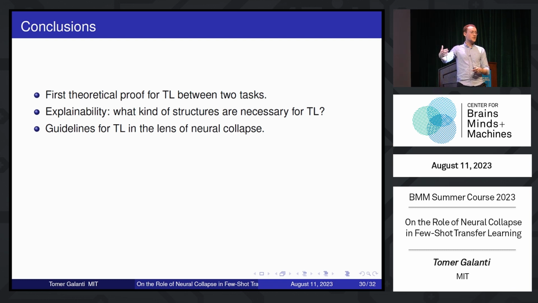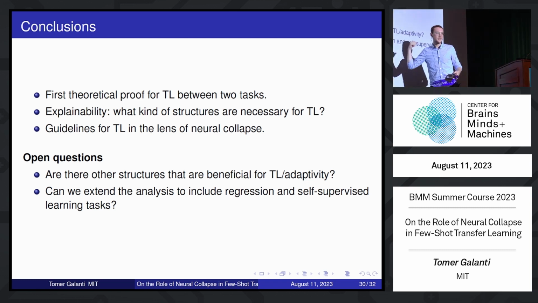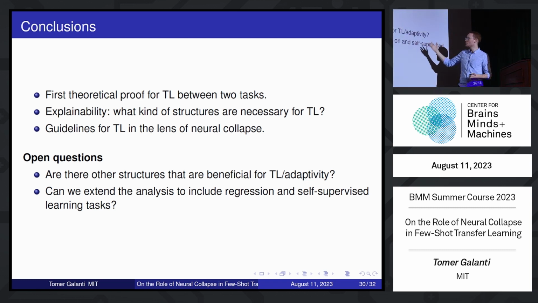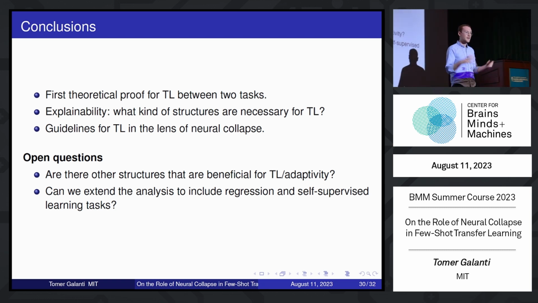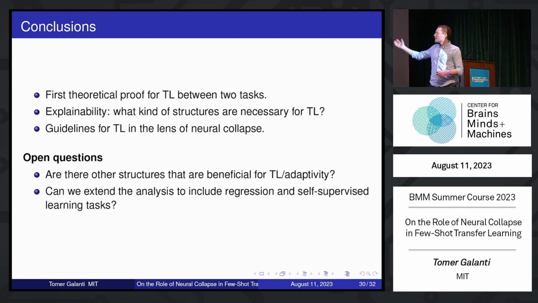Which layers should I consider? How deep should the network be? What kind of normalizations do I want to incorporate? There are many different open questions that come out of it, like what kind of geometric structures do we care about when it comes to transfer learning? Can it be extended? Are there other structures that we could care about when it comes to other notions of adaptivity?